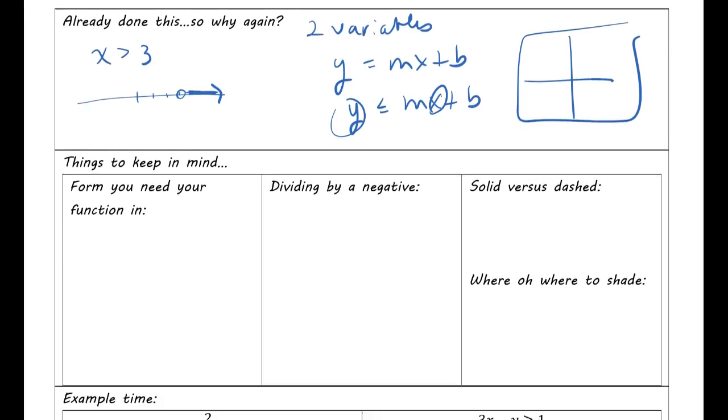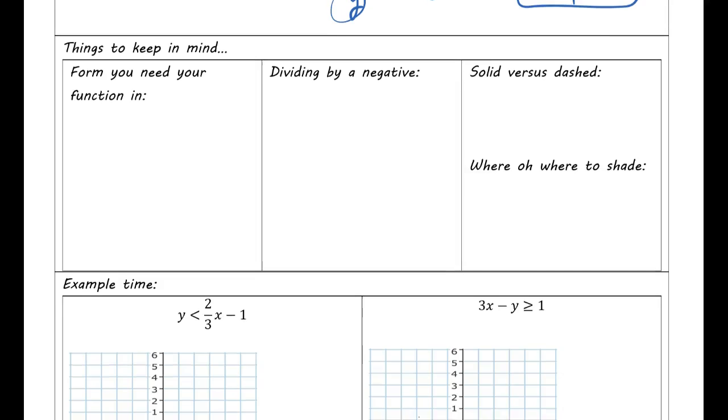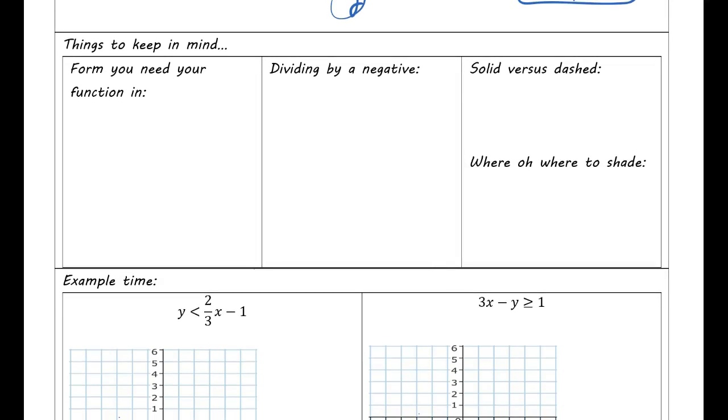Well, first there's a few things to keep in mind. Anytime we have a function, no matter what it looks like, let's say it's like ax plus by equals c. I've just made up a bunch of letters here, okay? The a, the b, and the c are just numbers is what I need you to understand. This is not what you want your function in.